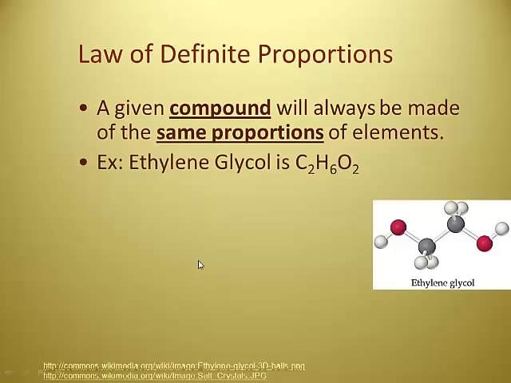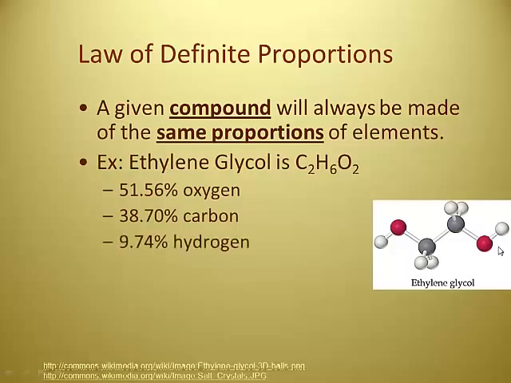Ethylene glycol is C2H6O2, always. Any sample will be 2 carbons, 6 hydrogens, and 2 oxygens. Originally we knew this because it was always 51.56% oxygen, 38.70% carbon, and 9.74% hydrogen, because we didn't know anything about atoms at the time.